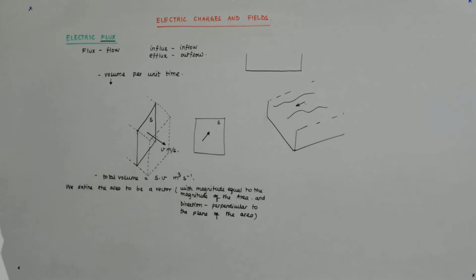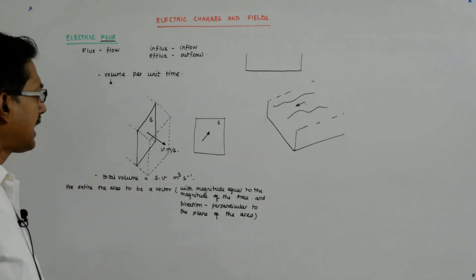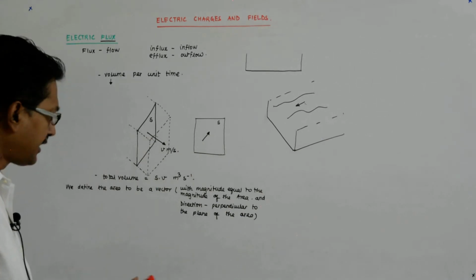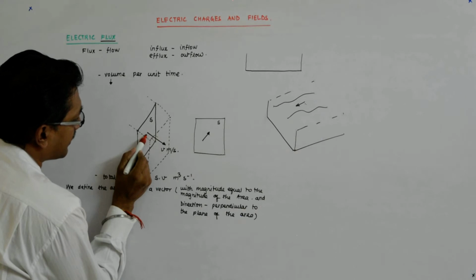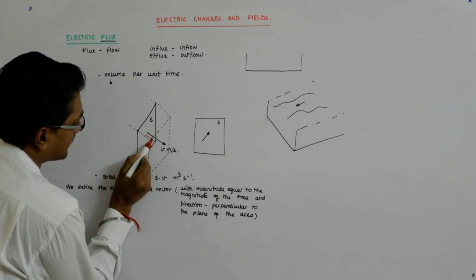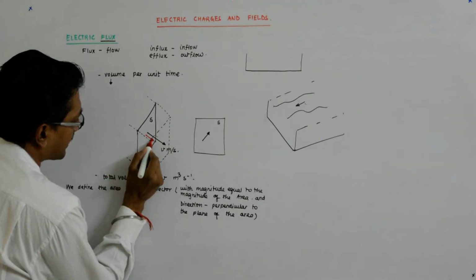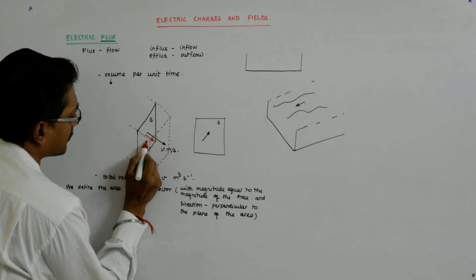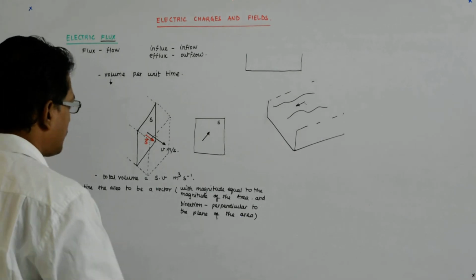Okay? So we have defined this area to be a vector, and if I do that, then the area vector is something like this, shown by the red vector, and it is equal to S vector.